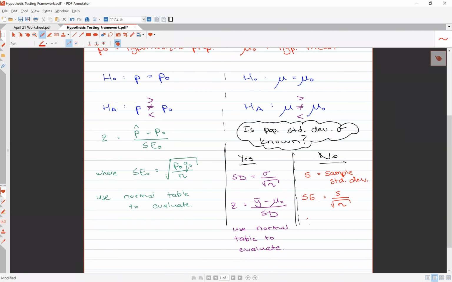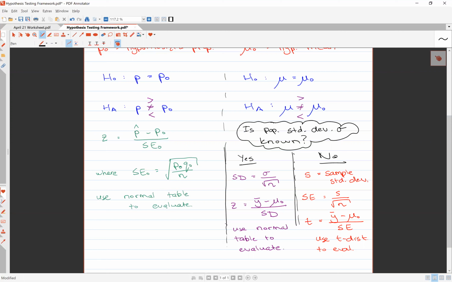And if you're using sample standard deviation instead of population standard deviation, you no longer calculate a z-statistic, you now calculate a t-statistic. You would have learned about this in the lecture recorded from yesterday. And now you need to use a t-distribution to evaluate your p-value.